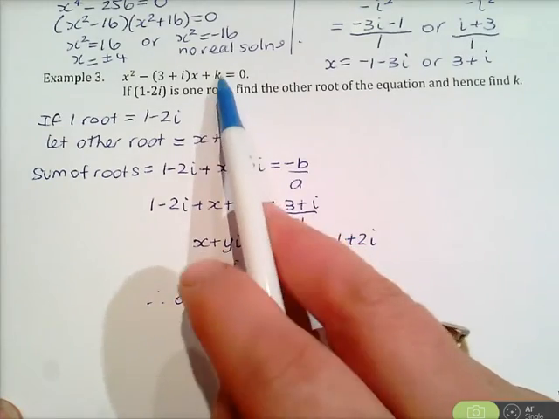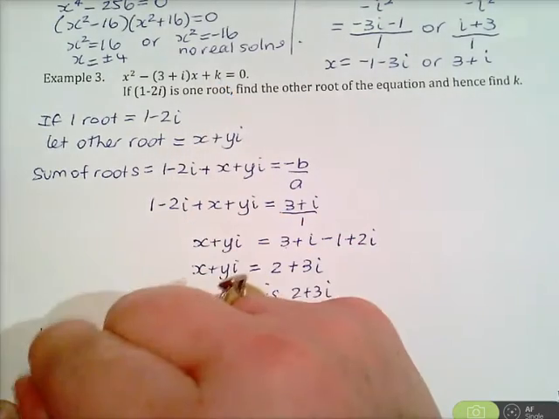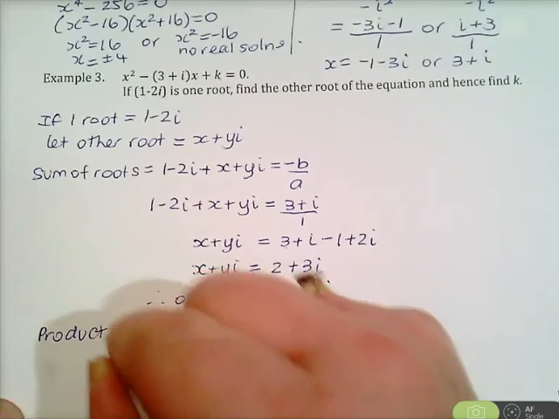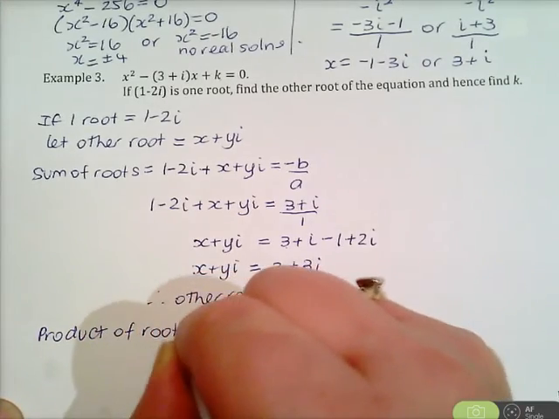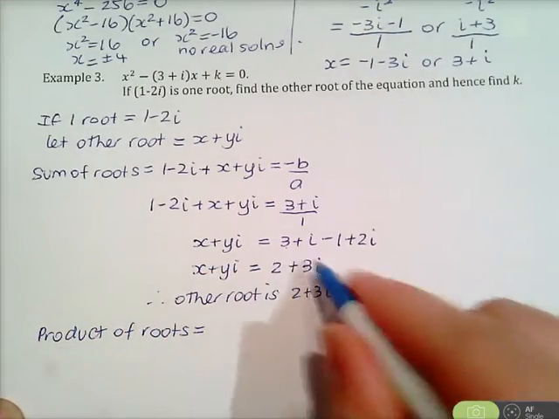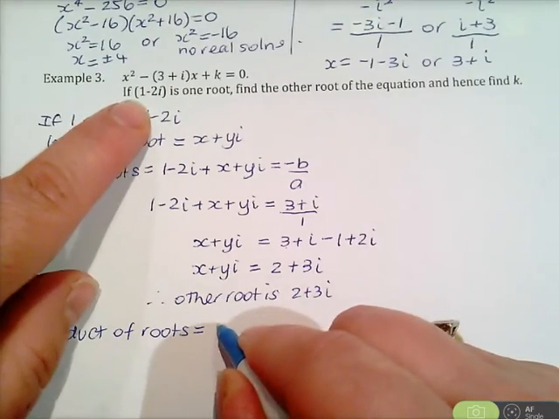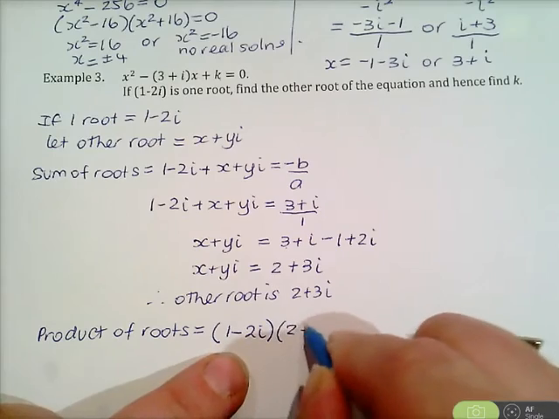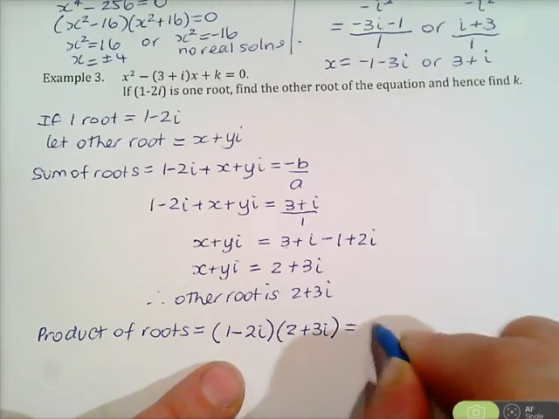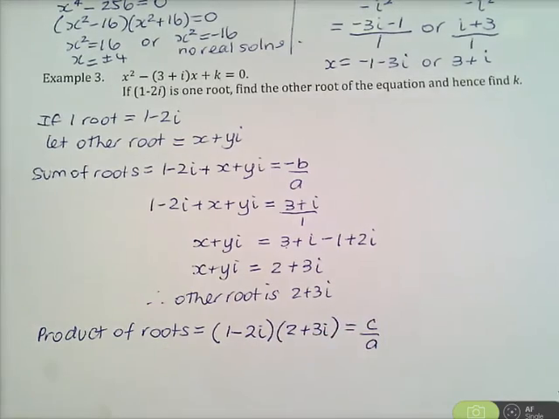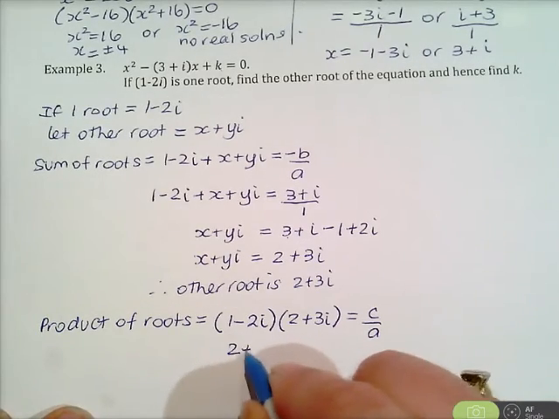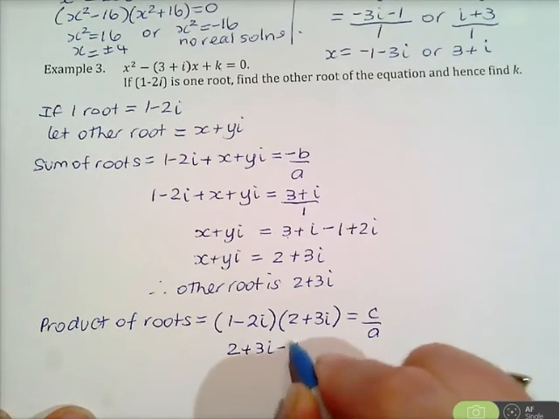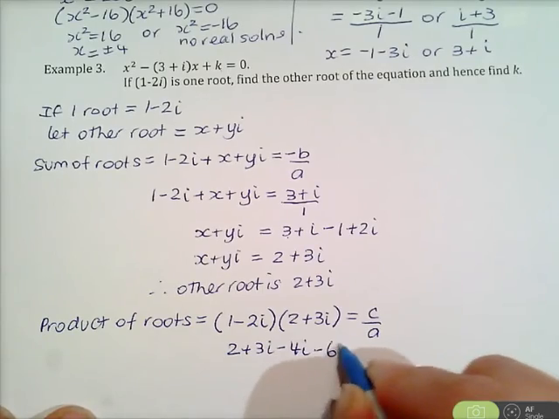Because k is in the c position, we would do product of roots. Now we know what the two roots are, so that's even better. So we've got (1 minus 2i) times (2 plus 3i) is c on a. We get 2 plus 3i minus 4i minus 6i squared.